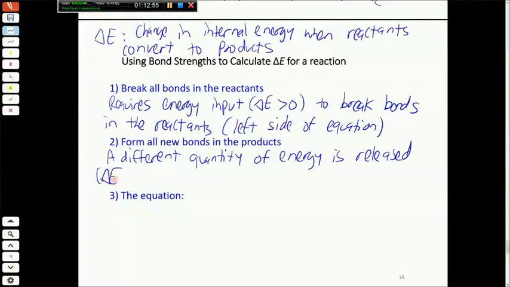Which means the delta E for forming the product bonds is going to be a negative number, less than 0, when the atoms that we have from our reactants rearrange to form the new products.